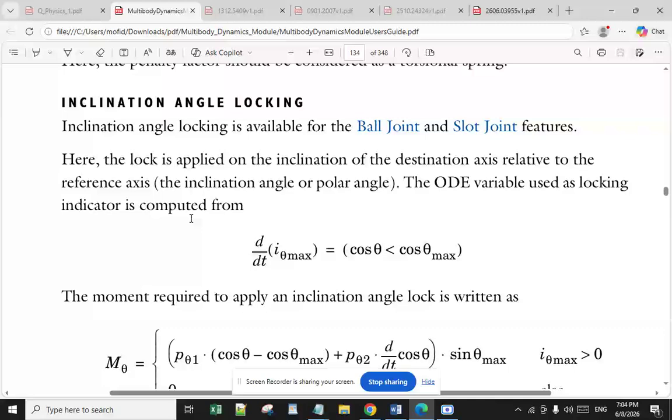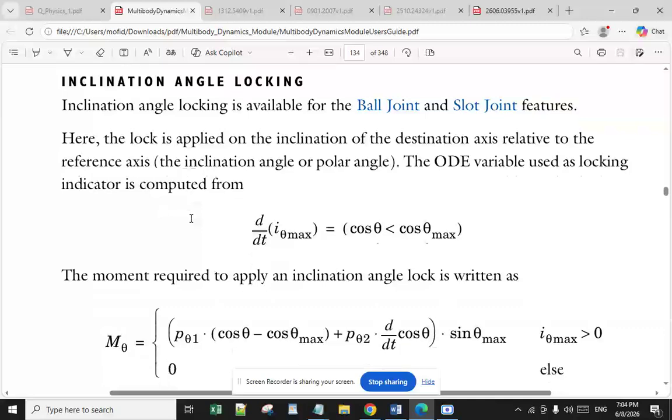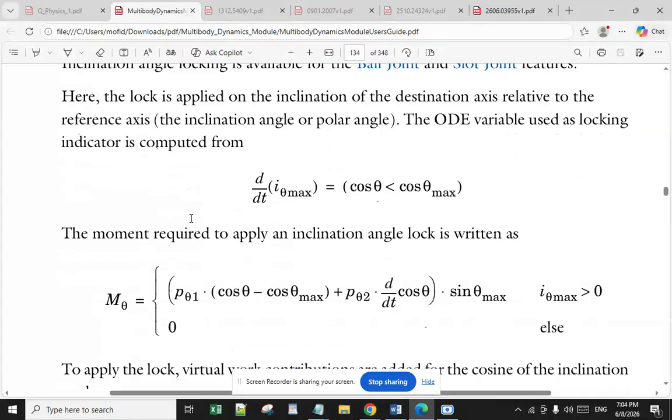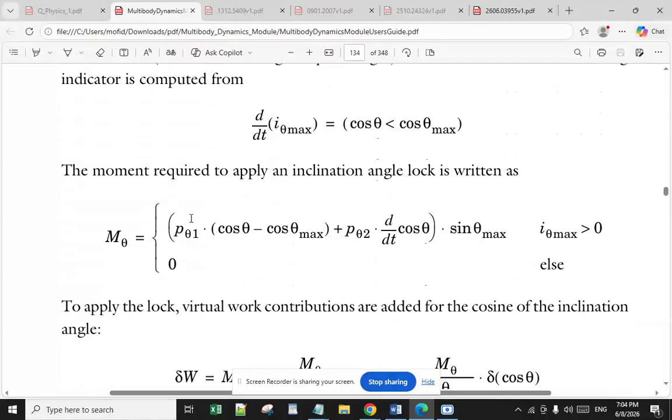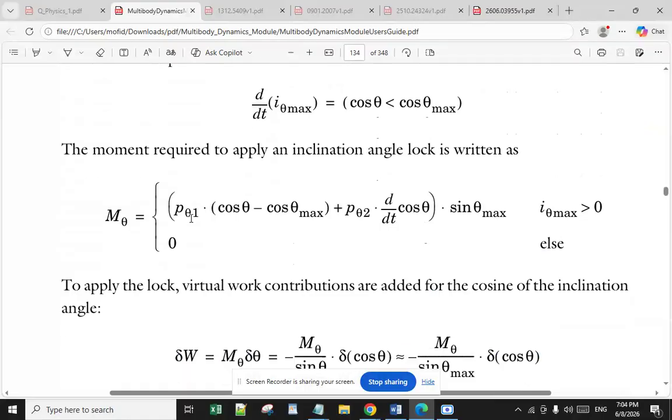Inclination angle locking. Inclination angle locking is available for the ball joint and slot joint features. Here, the lock is applied on the inclination of the destination axis relative to the reference axis. The inclination angle, or polar angle, and the ODE variable used as a locking indicator, are computed from the derivative of I theta max with respect to time, which is equal to cosine theta less than cosine theta maximum.